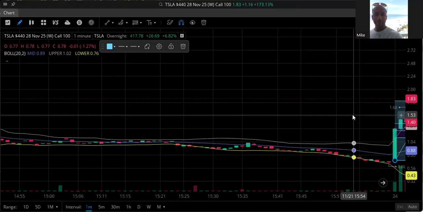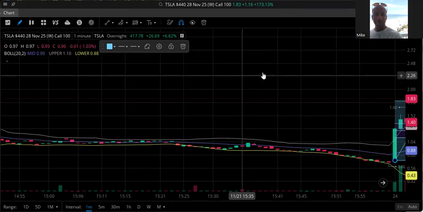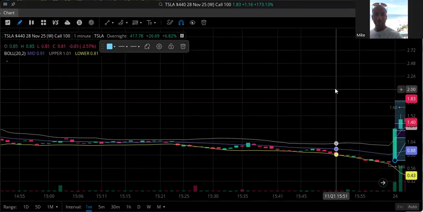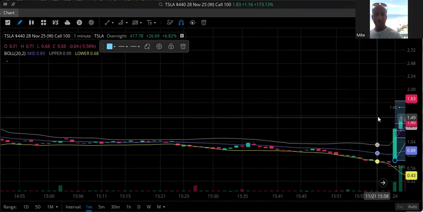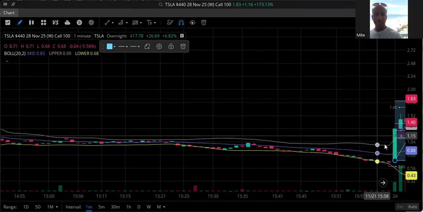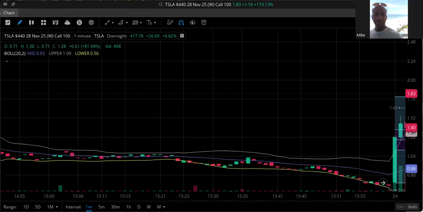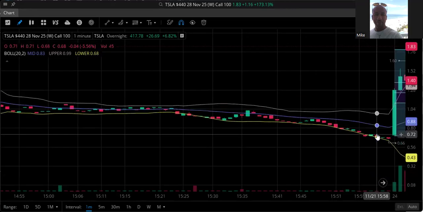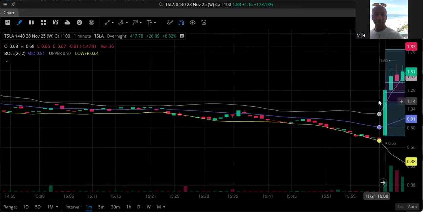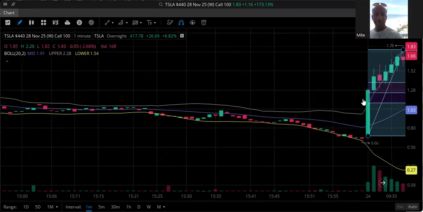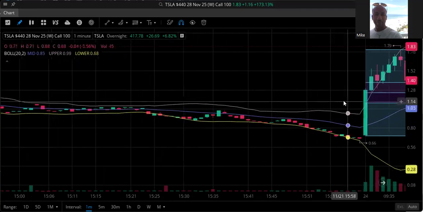All right, here we are. We have the 440 Tesla call. Okay, this is what I traded today. So as you can see, had I gotten in early, I could have gotten it at like 70 something cents, but I missed that. I ended up getting in right around, okay.